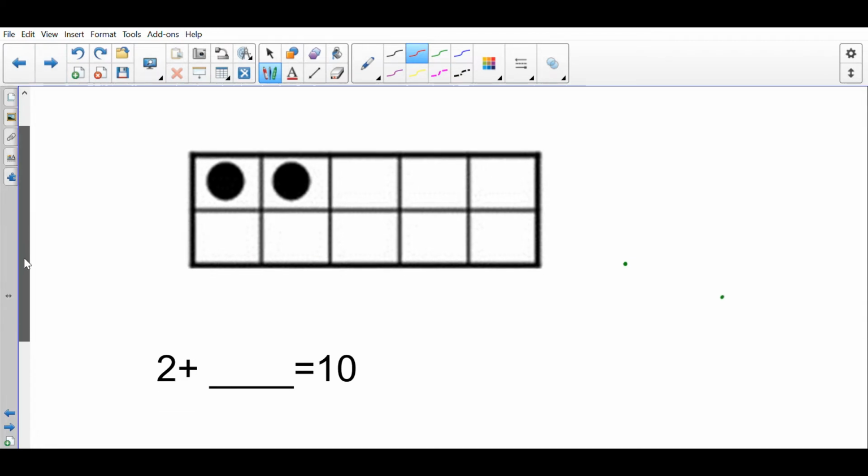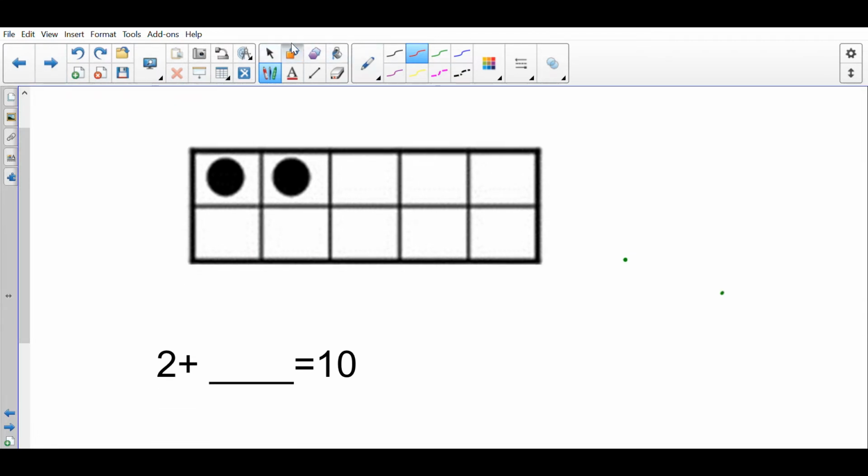How many dots do we see in this one? 2. There's 2 dots in this one. So our number sentence is going to go 2 plus blank equals 10. Do you know how many we're going to need? Let's see how many we need. Ready?